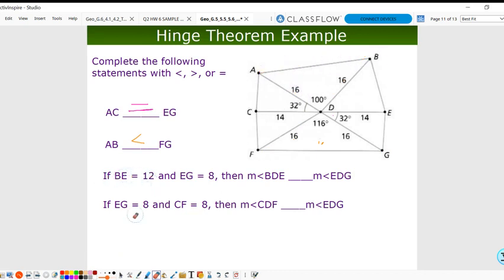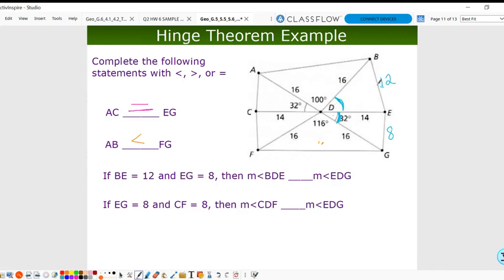If BE is 12 and EG is 8, what's the comparison between the measure of BDE and EDG? Well, I do have my two sets of congruent sides.